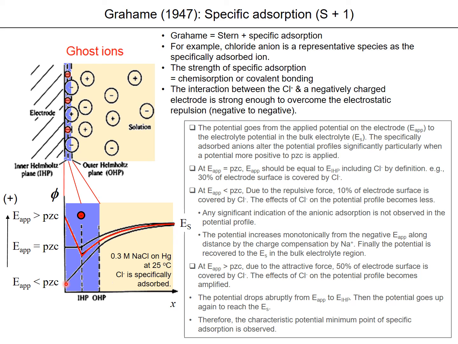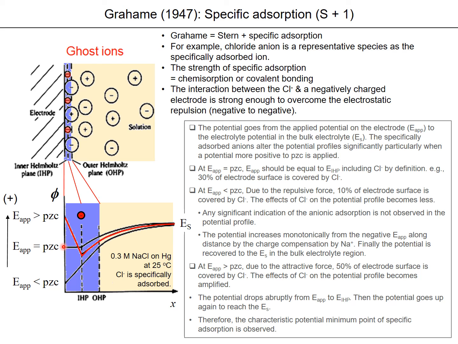And due to the repulsive force, in this case, 10% of electrode surface is covered by chloride minus. Okay, I forgot one more thing. So let me assume that 30% of electrode surface is covered by chloride minus anions in the case of point of zero charge. That is the starting point for comparison.